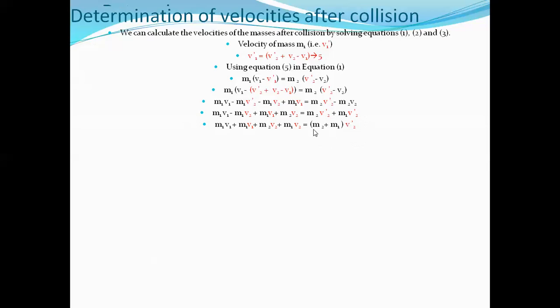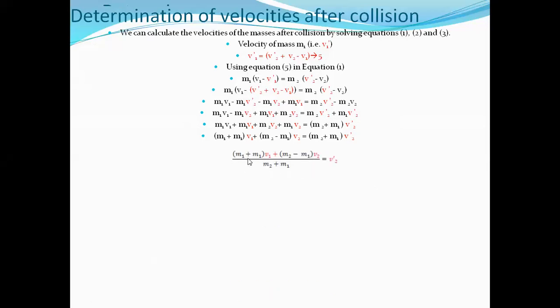Taking this whole component and dividing onto the other side, what do we get? First we'll do the common part: m1 plus m1, it will be 2 m1. Taking v1 common, plus (m2 minus m1) with v2 taken common, is equal to (m2 plus m1) with v2 dash taken common. Now we'll divide by m2 plus m1 on the other side.